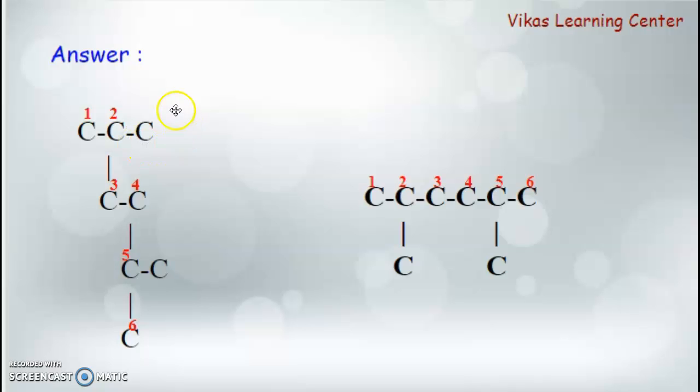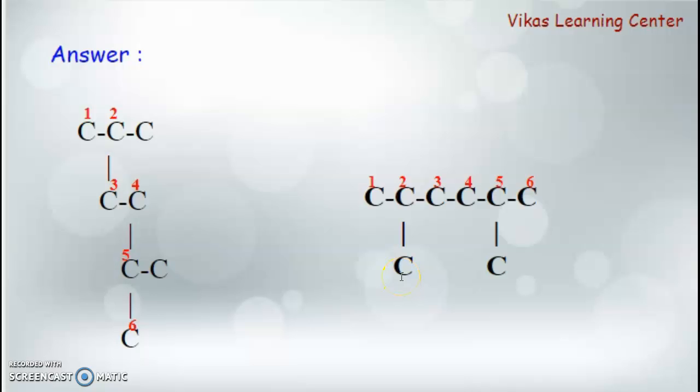This is because when you expand the structure, you get a structure somewhat like this, where you can see that the long chain or the main chain of this compound consists of 6 carbon atoms, and the atoms attached to the 2nd position and the 5th position are called the substituents.